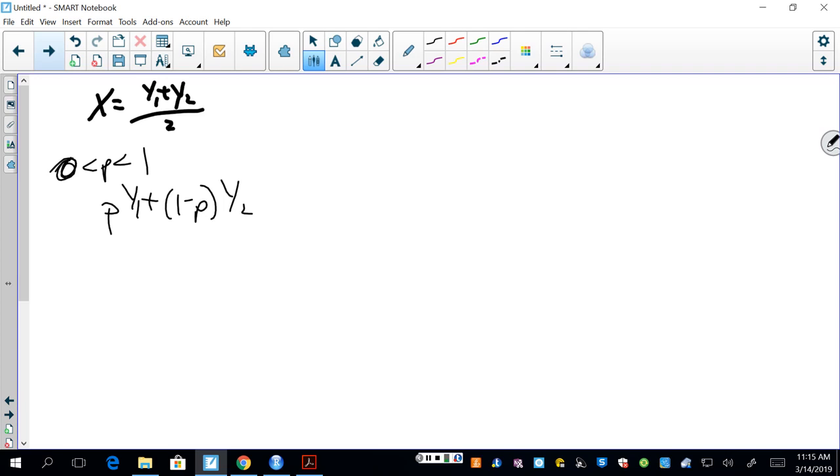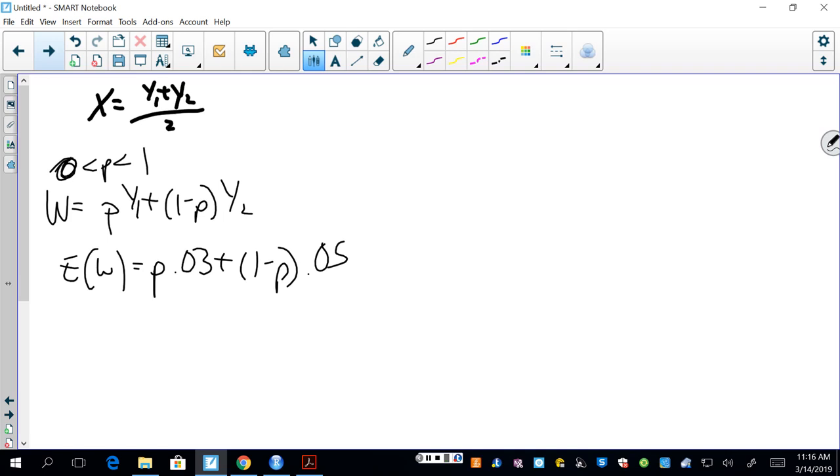Is there a very bad value of p that's going to be preferred? Well, for whatever this is, the expected value, let's call this one w, for kind of a weighted average, was p times 0.03 plus 1 minus p times 0.05 as the new average.